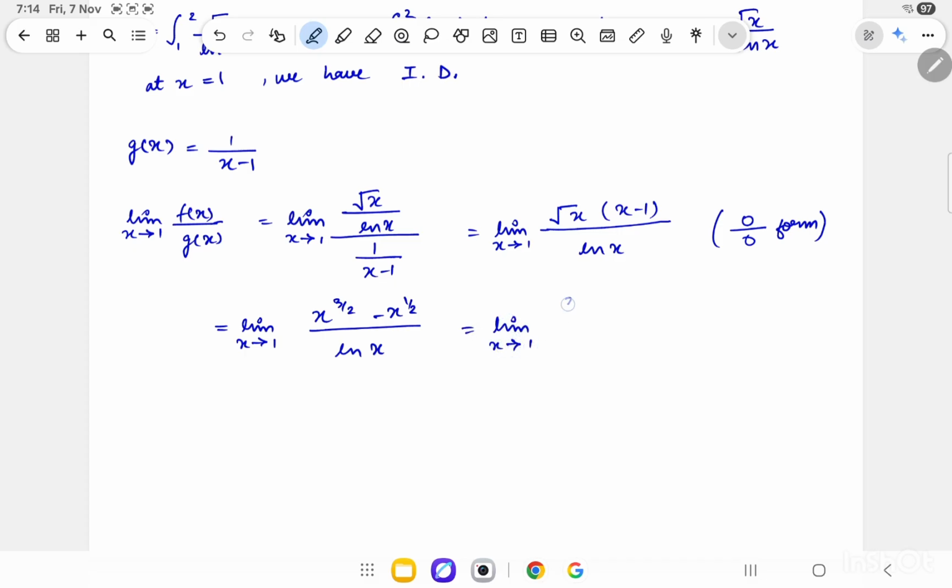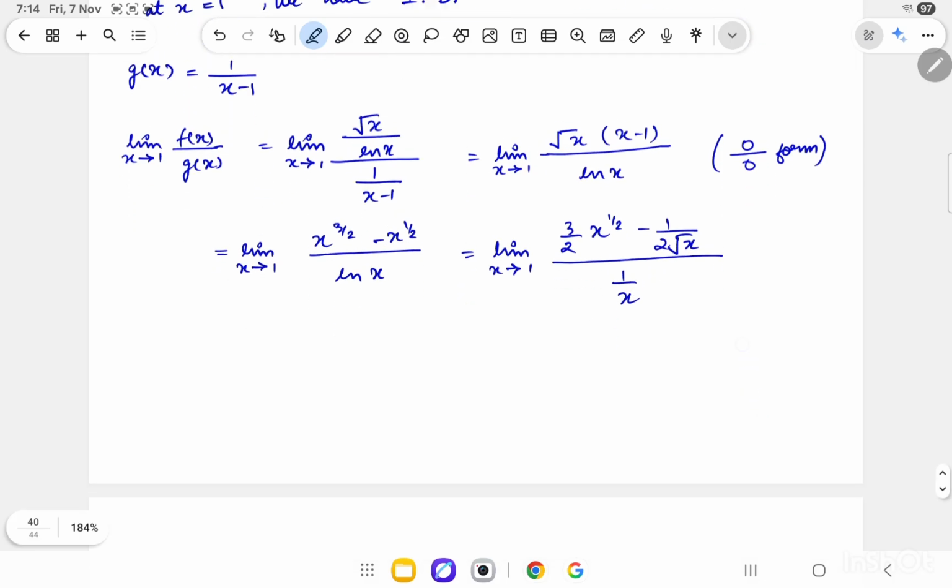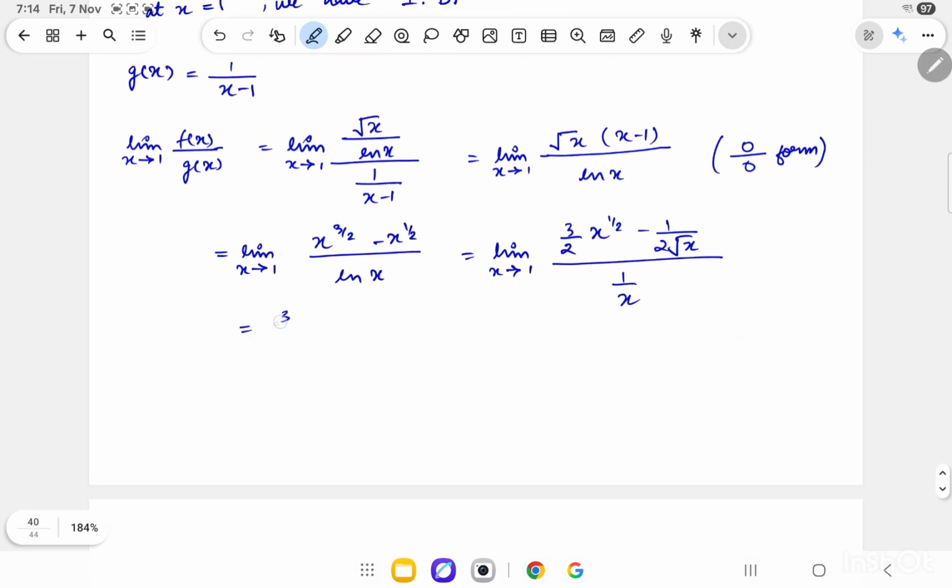So limit x approaches 1 of 3 by 2 x raised to 1 by 2 minus 1 by 2 square root of x, divided by 1 by x. Now if I plug in the limit, it will be 3 by 2 minus 1 by 2 divided by 1. That is 1 only, which is a non-zero and finite quantity. So our limit is non-zero and finite.